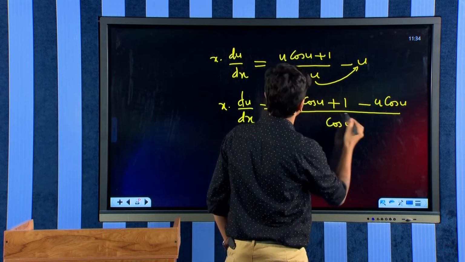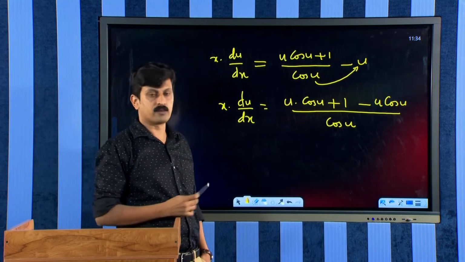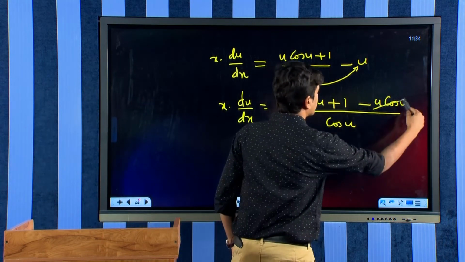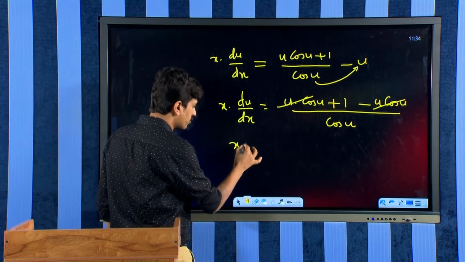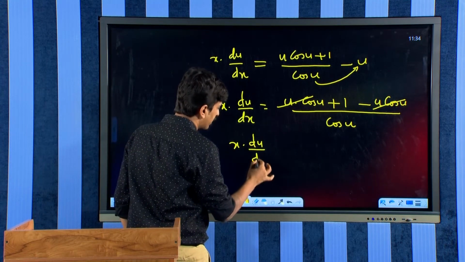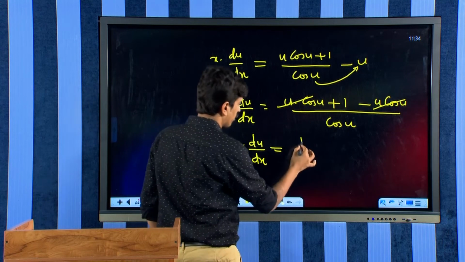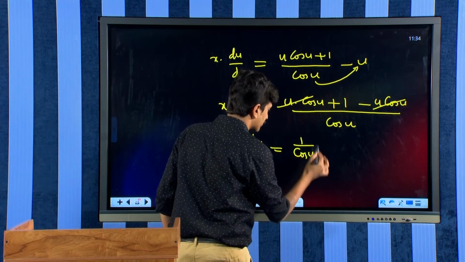Here u cos u minus u cos u cancels. Therefore, finally, x into du by dx is equal to 1 by cos u.